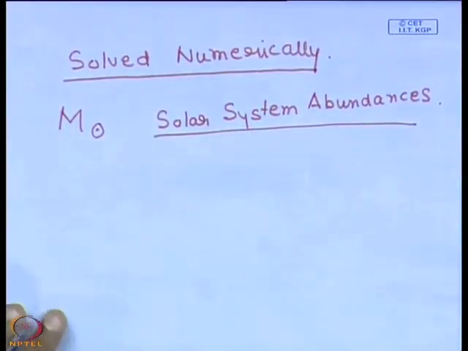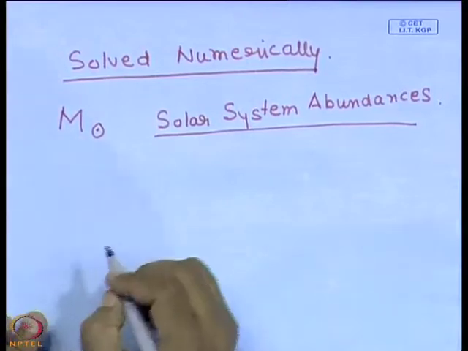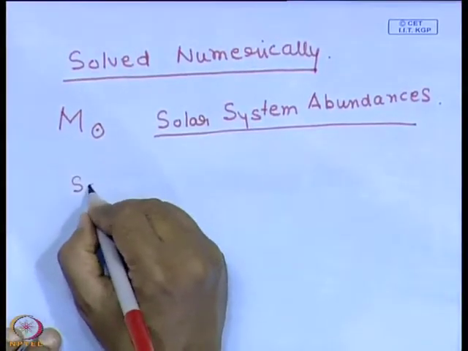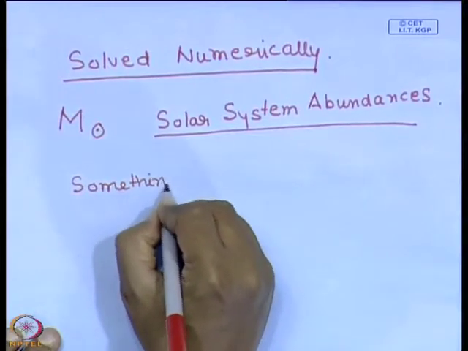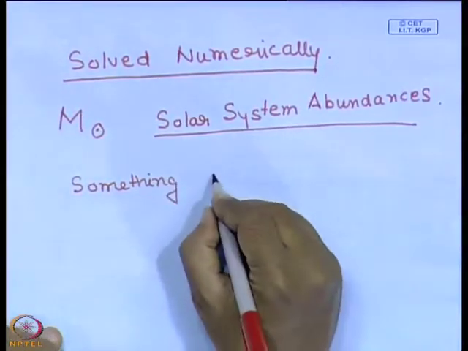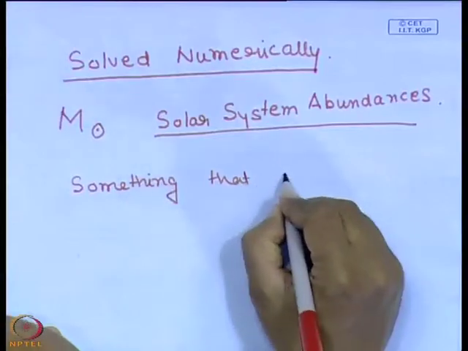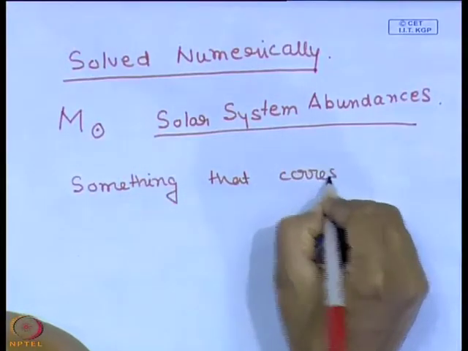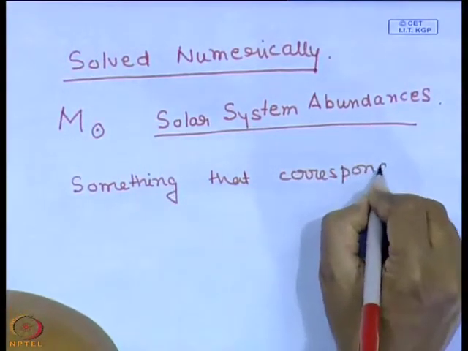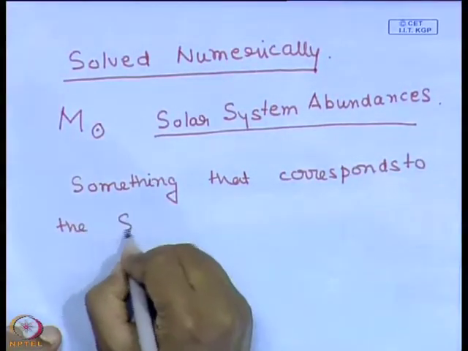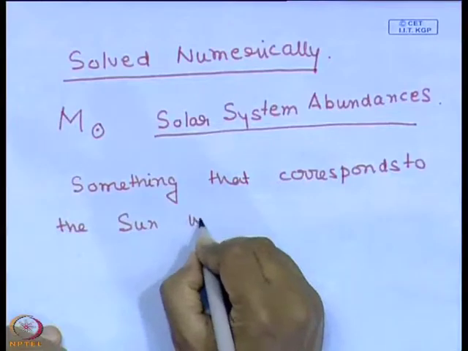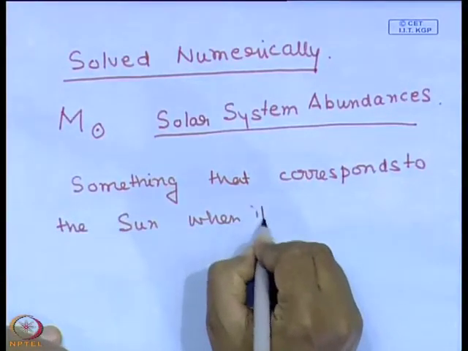What you would get as a solution would be something that corresponds to the sun when it was formed.